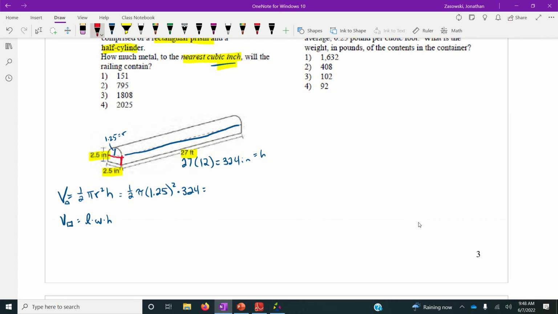This is where it cuts off. So if it was 1.25 to here, there's also 1.25 going from there to there. And then we have the length, the width, and once again, this side is our height. So that's still 324. So when we plug in here, the length is 2.5, the width is 1.25, and the height is 324.